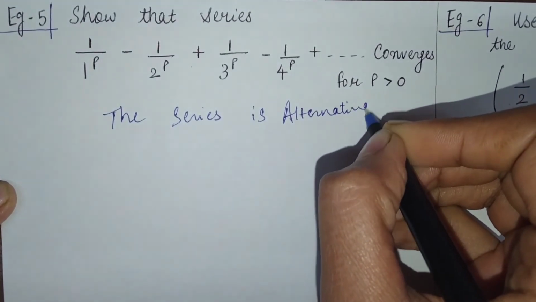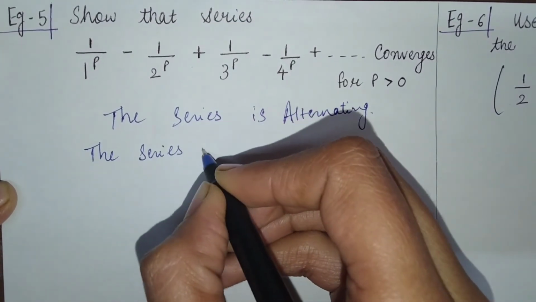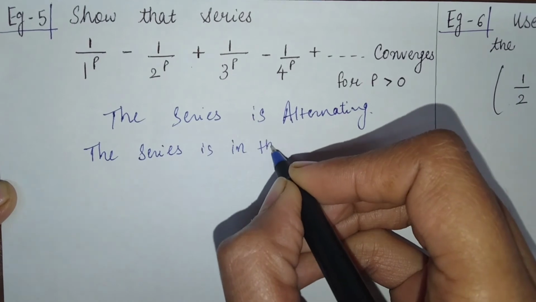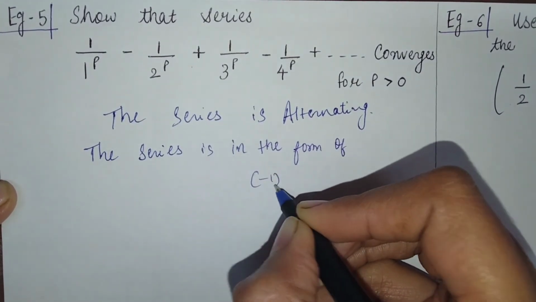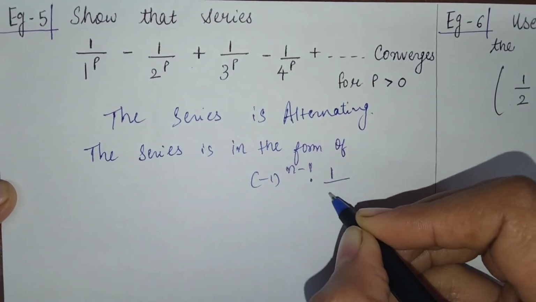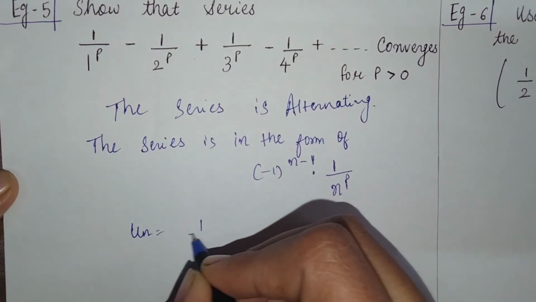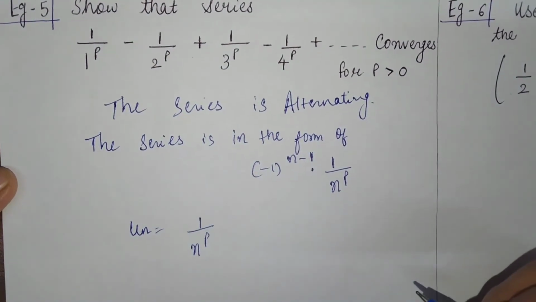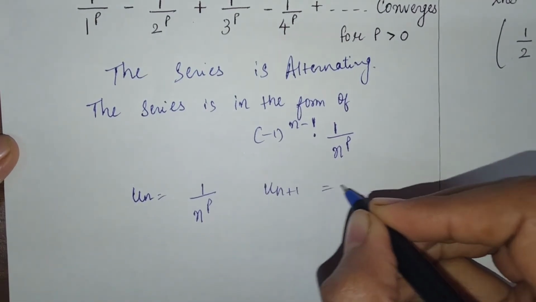Okay. And the series is in the form of minus 1 raised to n minus 1 into 1 by n raised to p. So our un will be 1 by n raised to p. And again checking the condition.